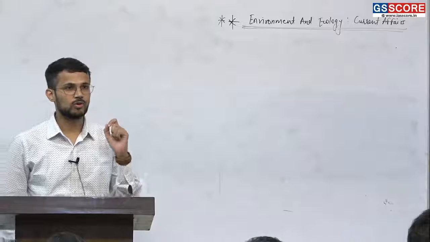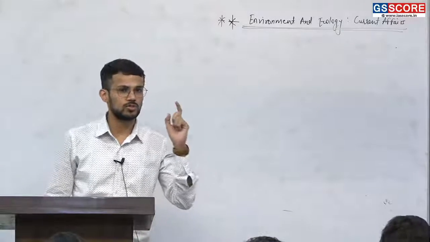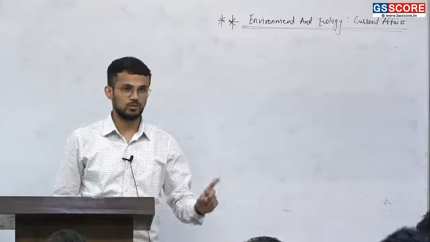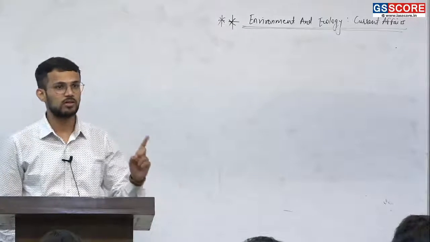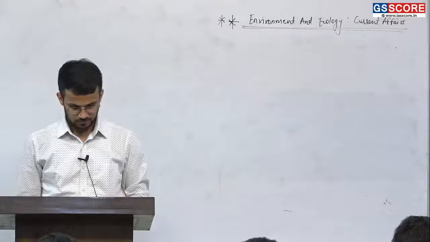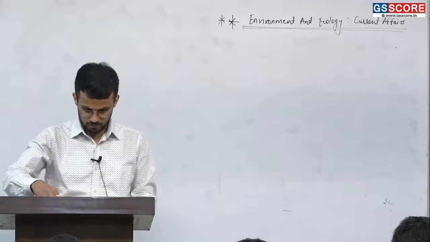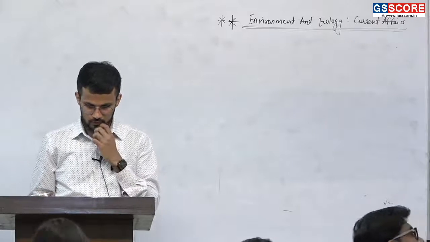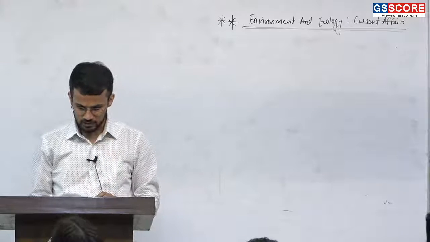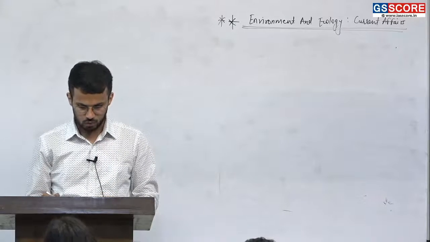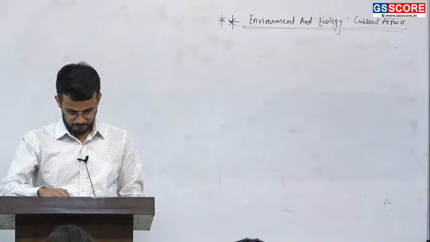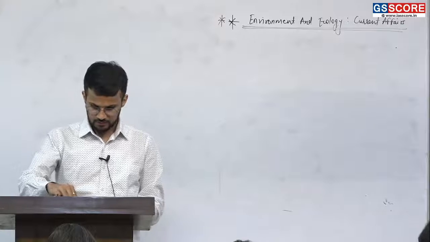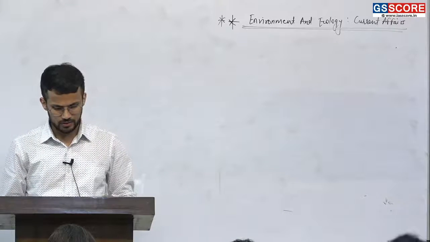And one of the most important outcomes of Stockholm Conference was formation of UNEP, which is headquartered at Nairobi. Next, so okay, this follow-up conference was held and it was named as Stockholm plus 50. Fine, so no significant information is there.